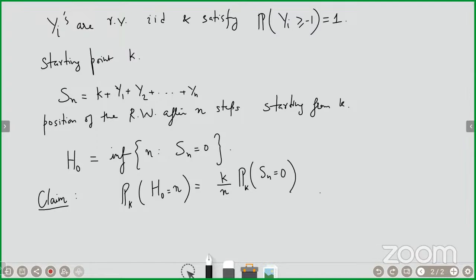Alright, so now how do we do this? Now this has nothing to do with whatever you are seeing so far. Everything is on the board to prove this result. So at least for some trivial cases, can you verify that this result is true?